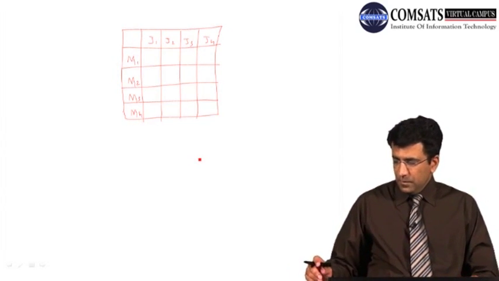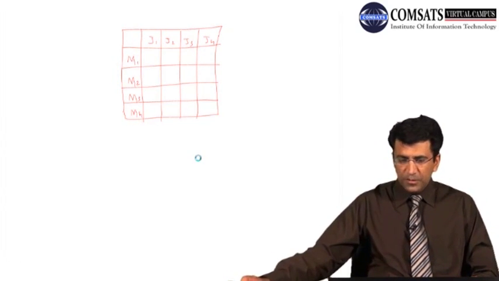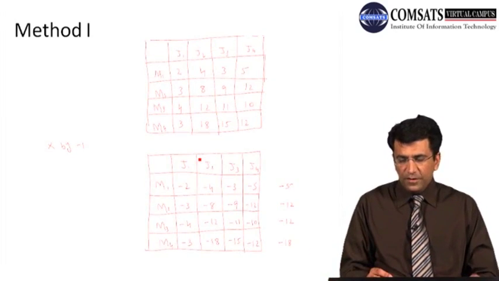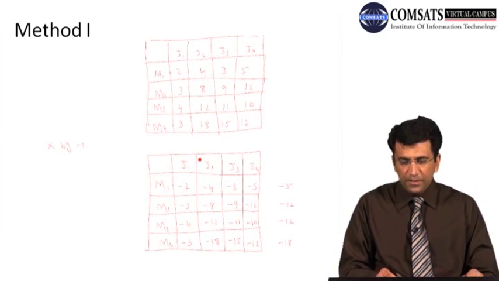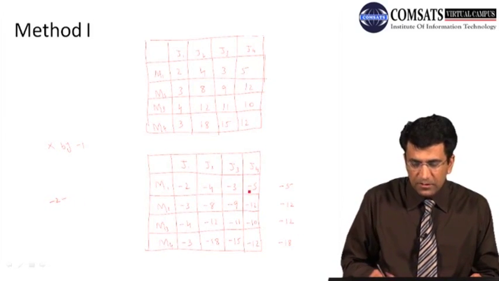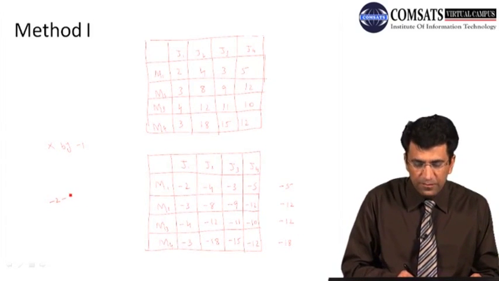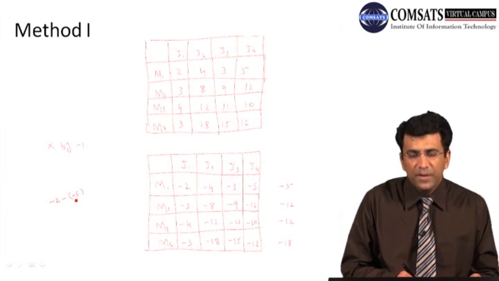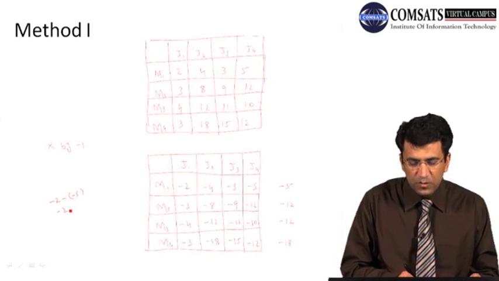So class, when we will subtract this particular value -5 from the first row, what will happen? The first cell will become -2 minus this minimum value, that is -5. This minus will become plus, so this will become -2 plus 5, and this is equal to 3.